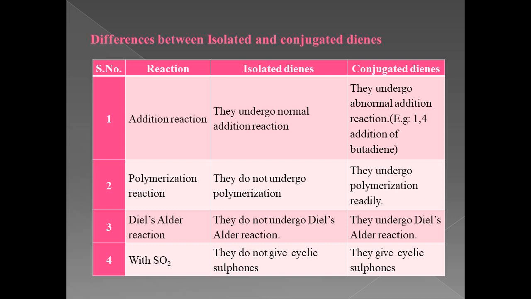Polymerization reactions do not take place for isolated dienes, but conjugated dienes undergo polymerization. The Diels-Alder reaction does not take place for isolated dienes, but conjugated dienes undergo the Diels-Alder reaction. With SO2, isolated dienes do not give cyclic sulfones, but conjugated dienes give cyclic sulfones.